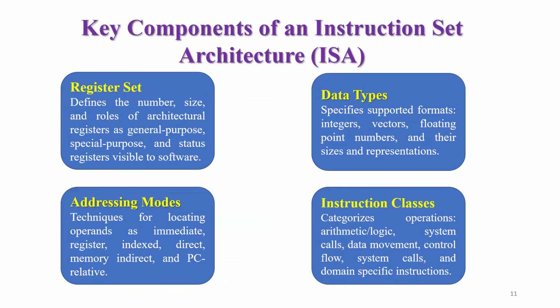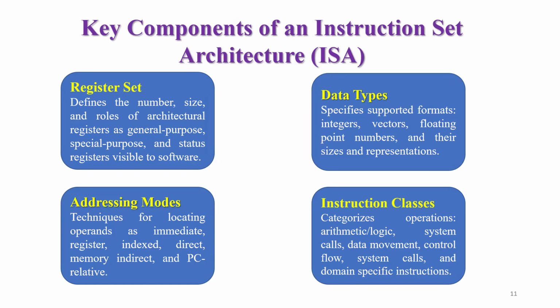Finally, let's see what makes an ISA. Register set, which defines how many registers exist, their size, and their purposes. Data types, what formats are supported, for example integers, floating points, vectors, and so on.